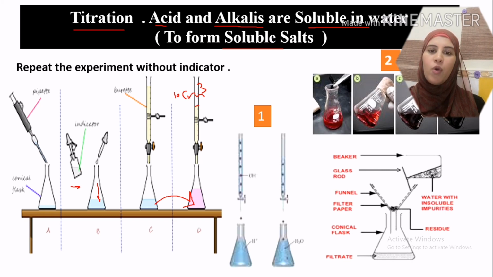By adding charcoal, start to make warming to your reaction and then we will start to make filtration. By making filtration on the filter paper, we will have the excess of charcoal on the filter paper.